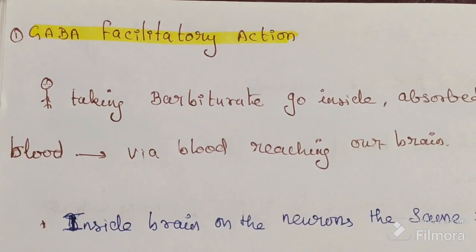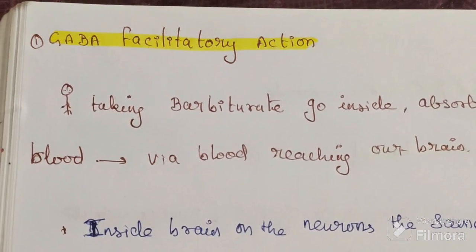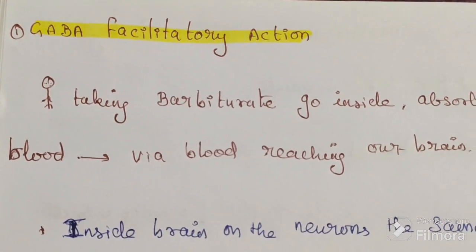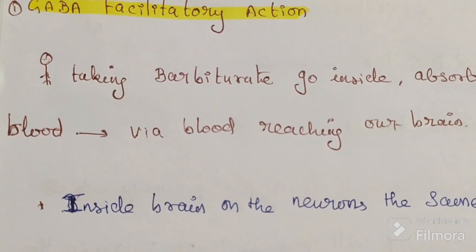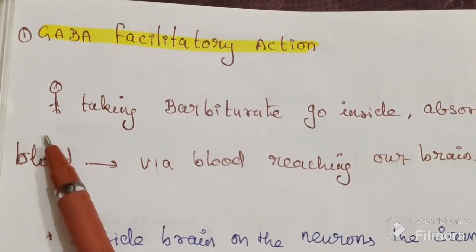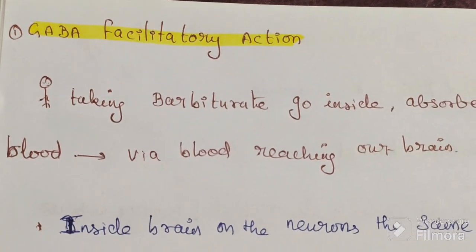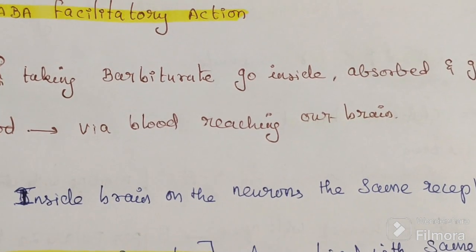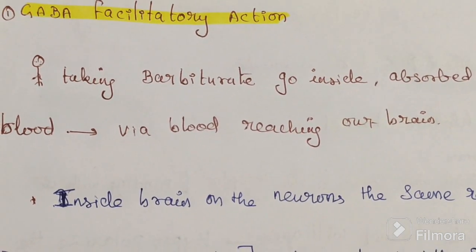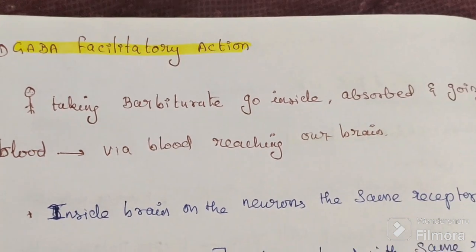So first one is GABA facilitatory action. Say for example the person who has insomnia, this patient has a sleeping disorder, cannot sleep, so the doctor wants to give a drug to the person which can induce sleeping.